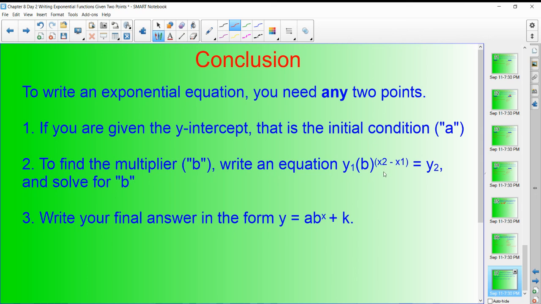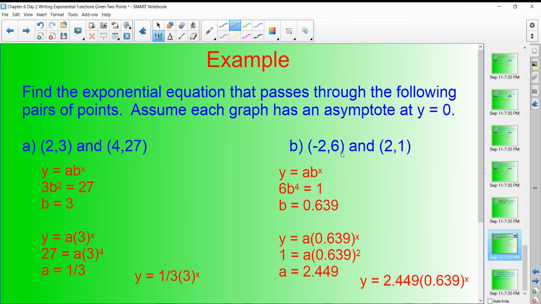In the last problem, for example b, we took 4 steps to get from -2 to 2. 2 minus -2 is 4. Over on example A, 4 minus 2 is 2, so that's why this exponent was 2. And how do we get from 3 to 27 in 2 steps? We multiply by 3 twice. Here we multiply by this ugly decimal.